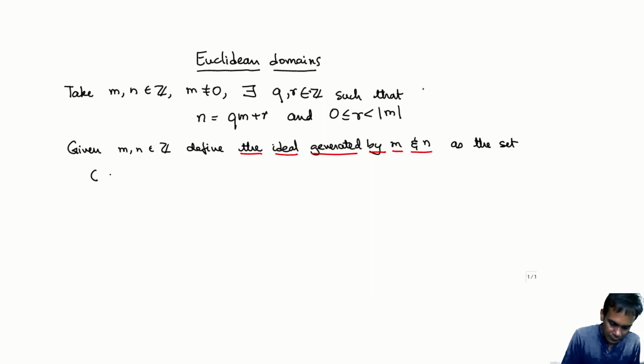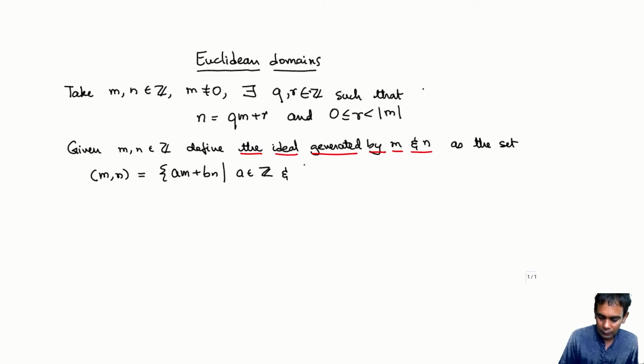We'll write it as (m, n), the set of all am plus bn where a belongs to Z and b belongs to Z.